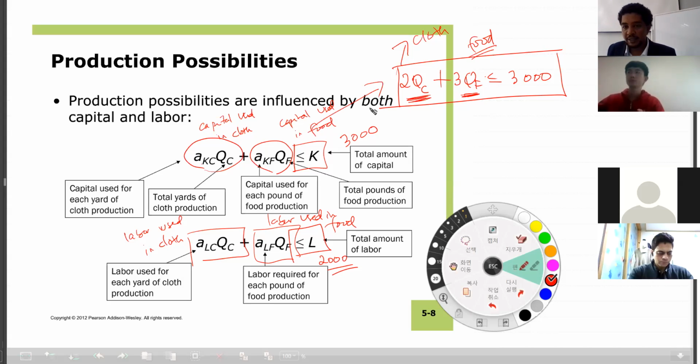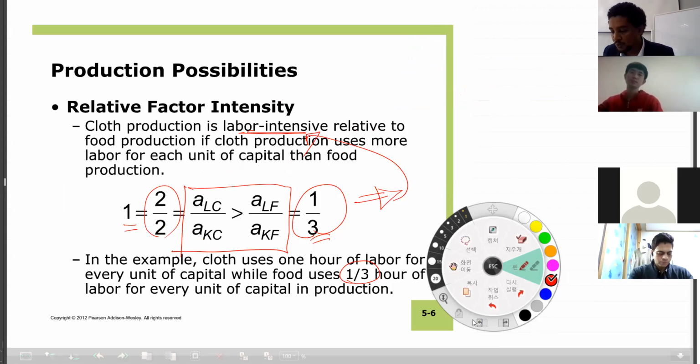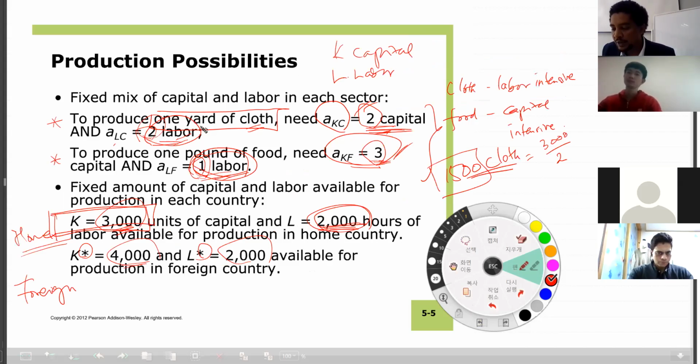And the second one is labor. How much labor do we require to produce clothes? We require 2, and for food we require 1. The maximum labor we have is 2,000, right?